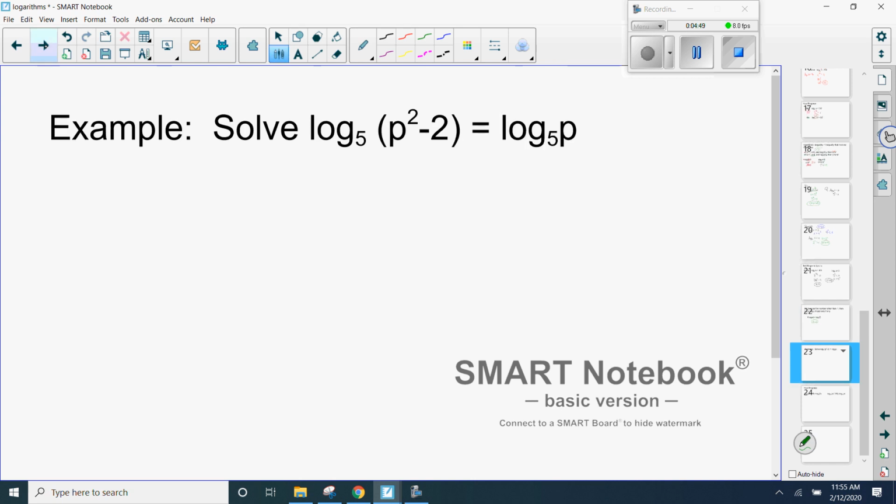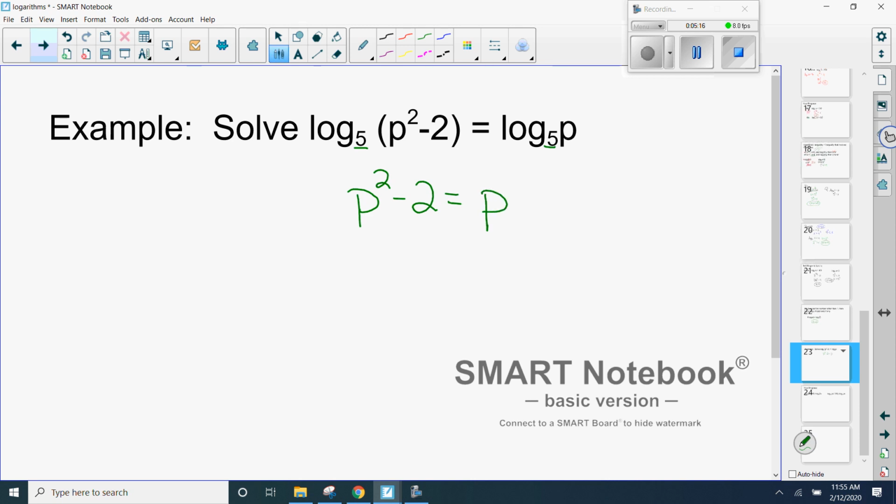So if we look at another example, if I ask you to solve this one, log base 5 of p squared minus 2 is equal to log base 5 of p. The same base. So if the same base is equal, then these two are equal if p squared minus 2 is equal to p.